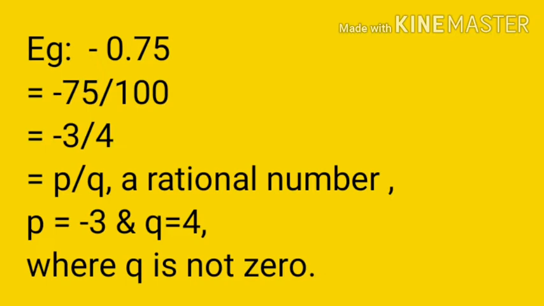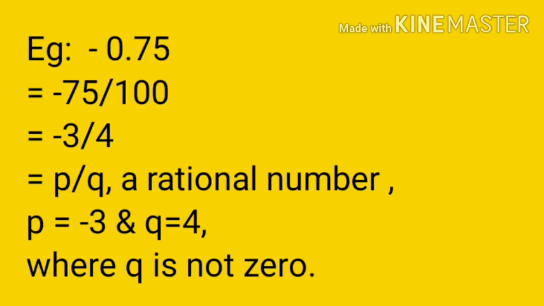Minus 0.75 is another terminating decimal. It is equal to minus 75 upon 100. Here 25 threes are 75, 25 fours are 100, so they get cancelled. Then it is equal to minus 3 by 4, which is p by q, a rational number.